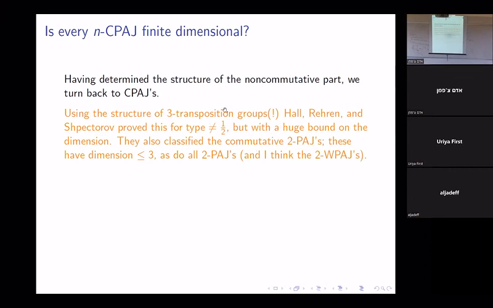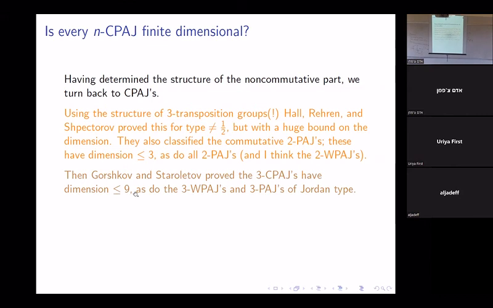Oh, before I get to that, if you have type not half, then Hall, Rowen, and Spektorov proved this using, I think, the classification of 3-transposition groups. But that's not very satisfactory. So people have been trying. I mean, it's a wonderful illustration, but people are hoping that they can do much better.